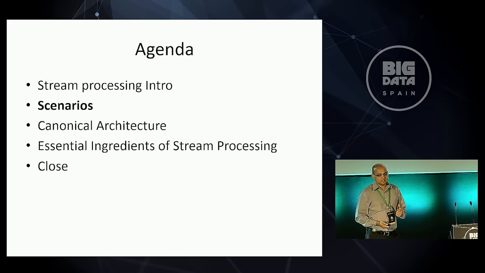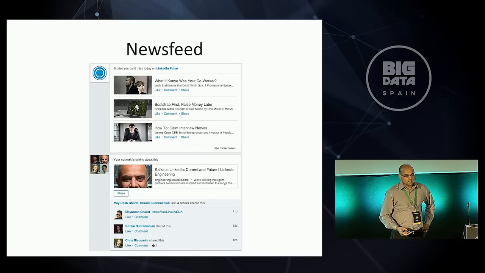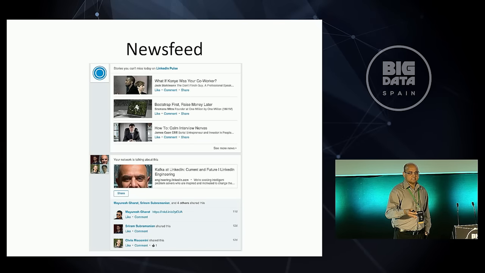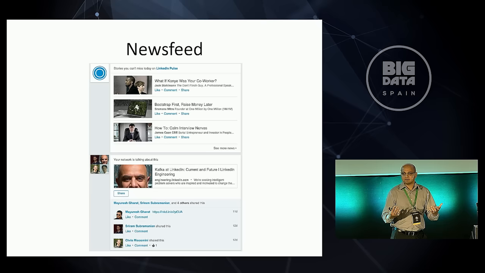Cool. Let's go into some scenarios for what's motivating stream processing in today's environment. So this is a real scenario at LinkedIn. At LinkedIn, we want everyone to come into LinkedIn and see the latest information about what's happening that's relevant for them, right? It could be news in terms of the domain that you're interested in.